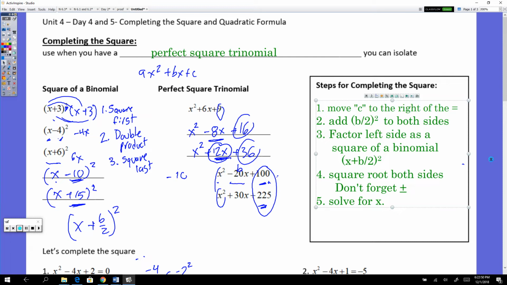Then we're going to add b divided by 2 squared to both sides. And then we're going to factor the left side as the square of a binomial. Keep in mind that that should be in the format x plus b divided by 2 squared. Then we have to square root both sides at one point, so please don't forget your plus or minus, and then just solve for x.